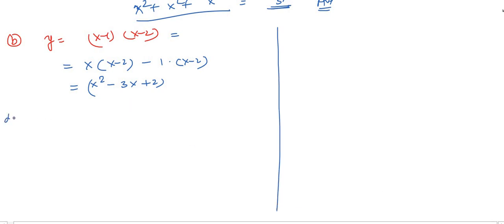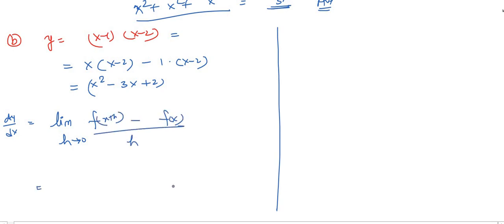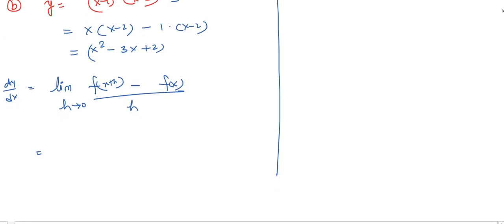So to differentiate dy by dx from first principle, what I am supposed to do is f of x plus h minus f of x divided by h. Okay. So I will keep that value here. First let me write down limit h is tending to 0, x plus h square, I am putting x plus h here, minus 3 into x plus h plus 2.